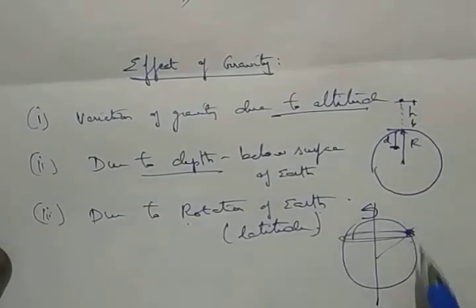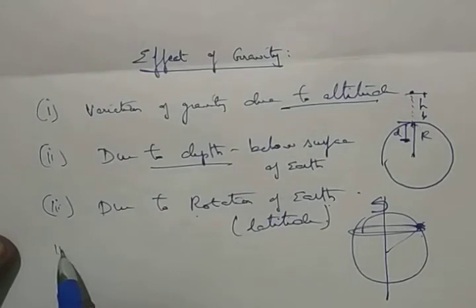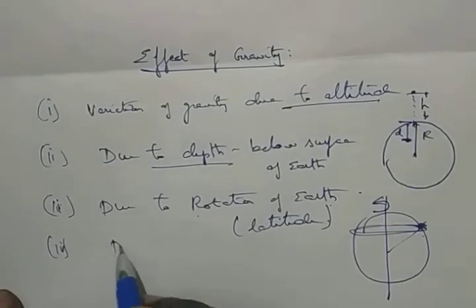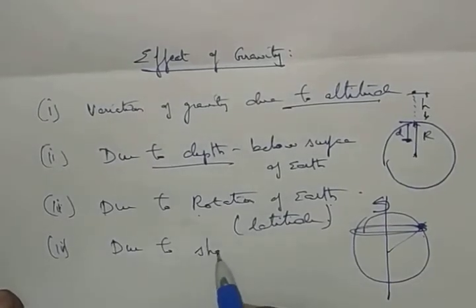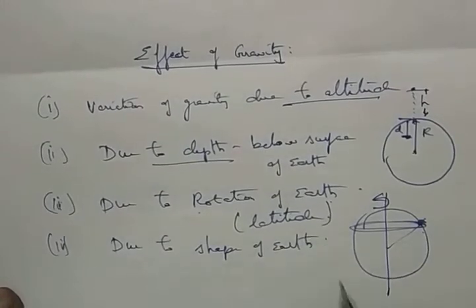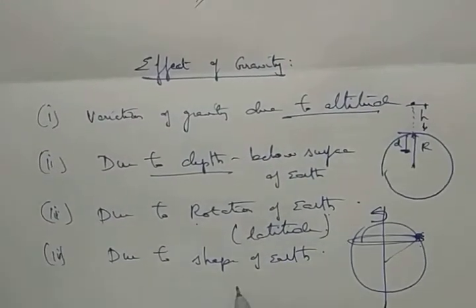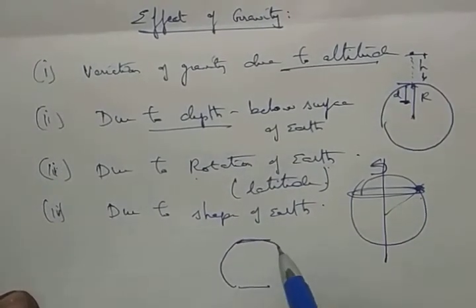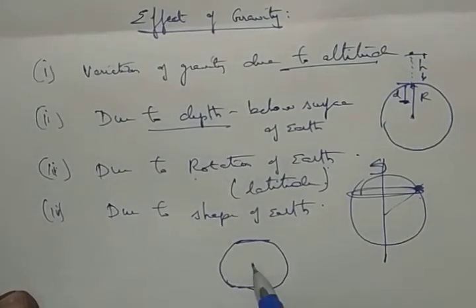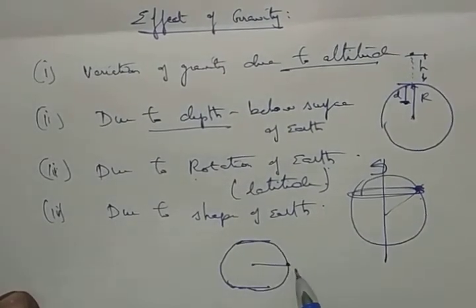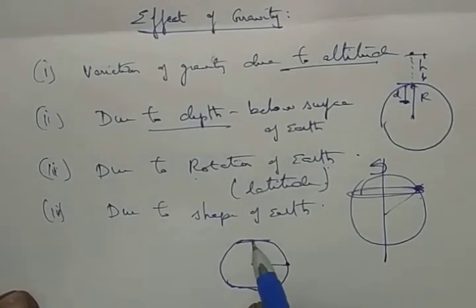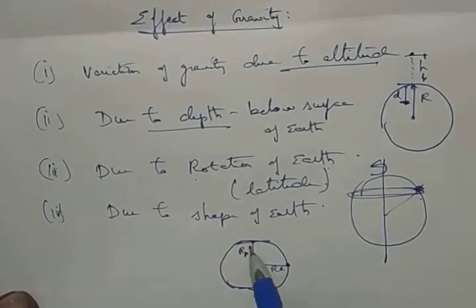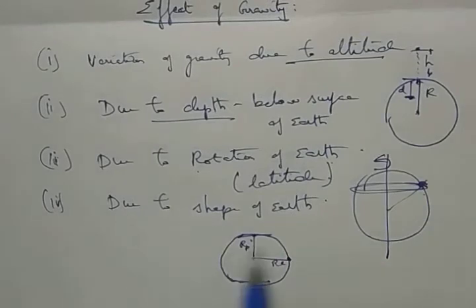So rotation of the Earth also needs to be taken into account. And then the fourth point is due to shape of Earth. Shape of the Earth means we know Earth is not an exact spherical body, it is like this. If you are standing here, this is the equator, and if you are here, this is a pole. Now R e at the equator and R p are not the same. We need to see that also because of the shape of the Earth.